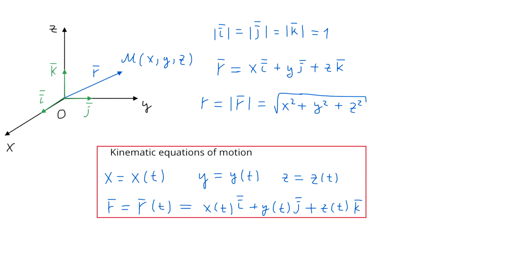And this trajectory can be described mathematically with a trajectory equation. The trajectory equation can be got from the kinematic equations. To get the trajectory equation, we have to exclude time from the kinematic equations of motion. And if we do this, we will get the trajectory equation.